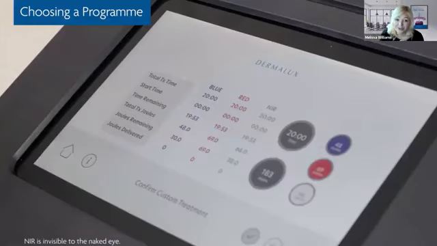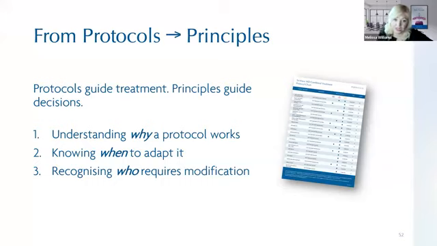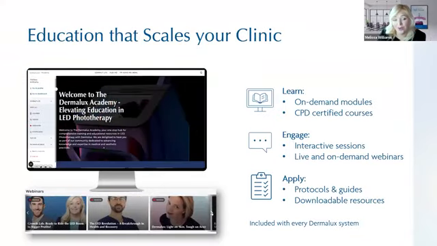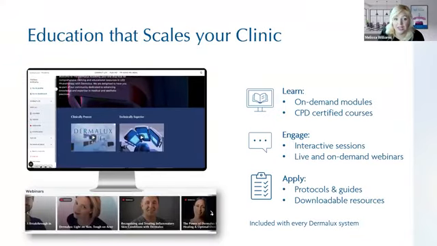And that really is what turns LED into this clinical platform that I talk about, and not just another light source. Advanced clinical practices now will understand why a protocol works, know when to adapt it, but then also recognize that protocol needs to be modified. So the best place to go here for all that information is, of course, the Dermalux Academy.